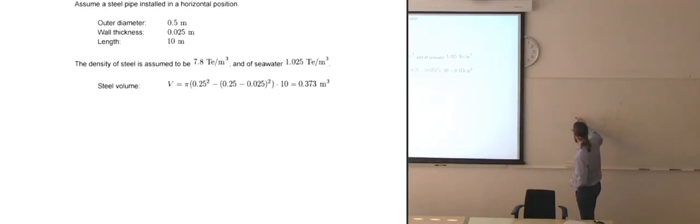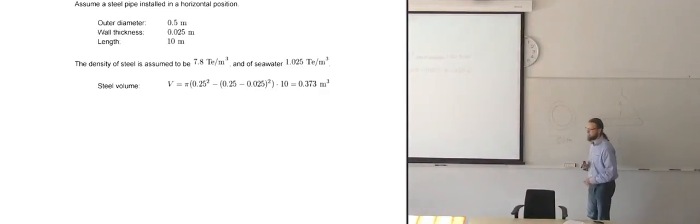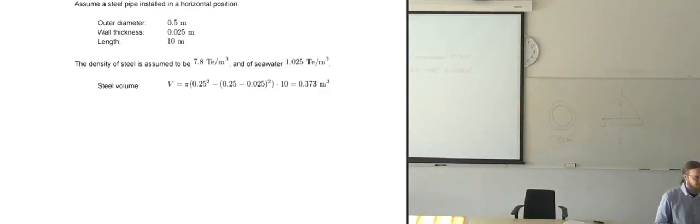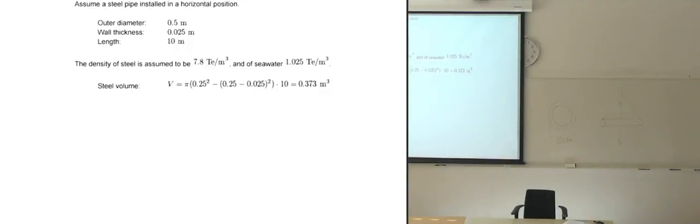So we have the diameter of 0.5 meters, which means that we have a radius going to the outside of 0.25 meters.